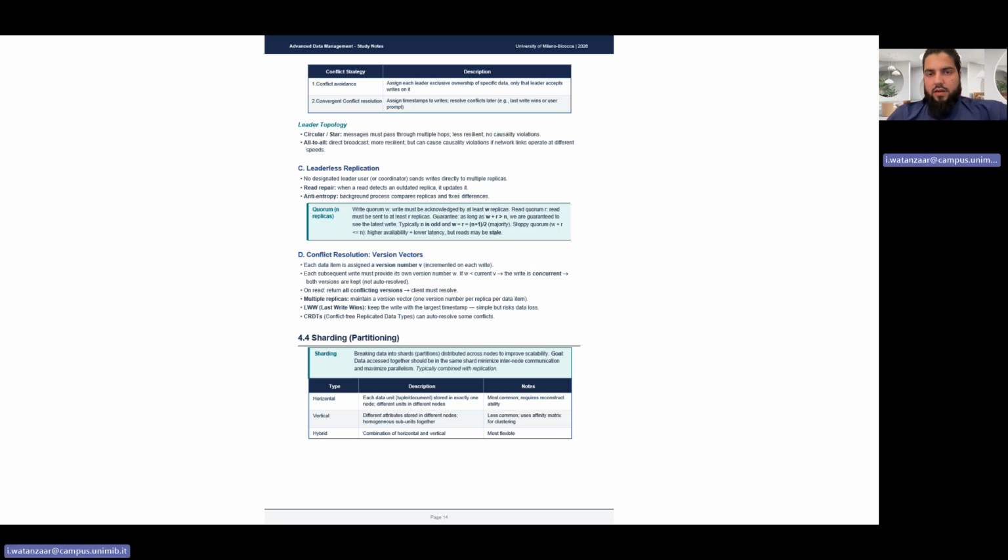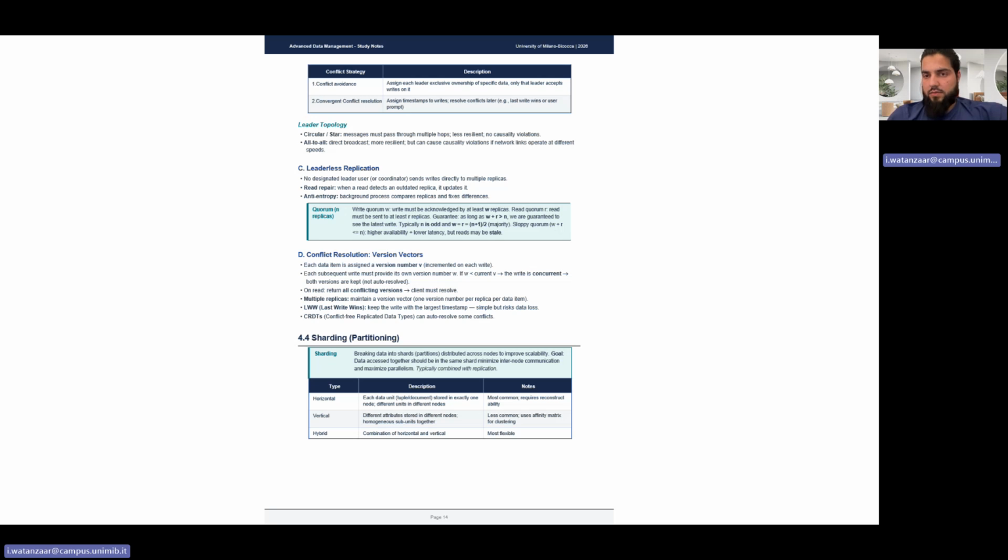There are two main strategies for solving conflicts between multiple leaders. The first one is called conflict avoidance. Conflict avoidance is really simple: we give certain data ownership to certain leaders, which they can accept and write to. The second one is convergent conflict resolution.